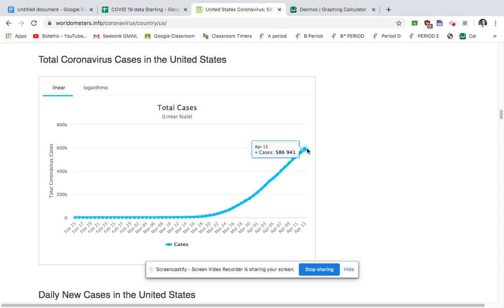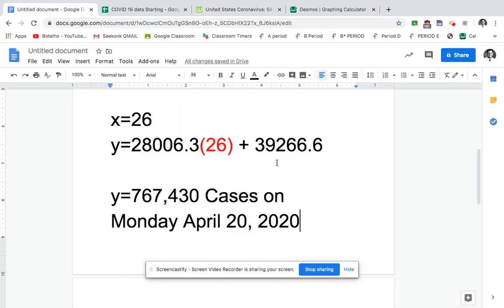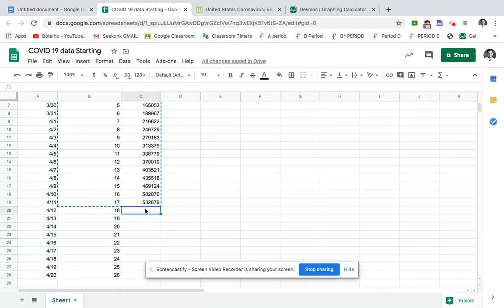So if you take 587, and then you find the difference between 587 and the predicted amount, 767, it's about 180,000 cases they think will happen from here to here. So hopefully I'm doing this right.